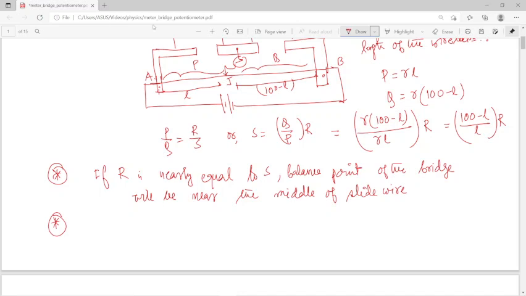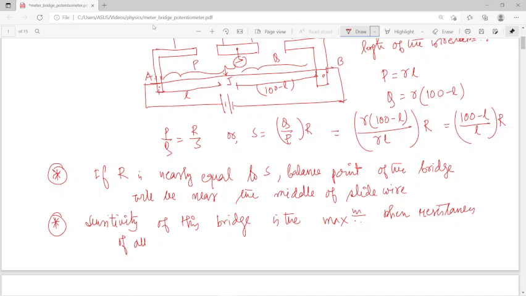And the second thing you can notice is that the sensitivity of this bridge is maximum when the resistances of all the four arms of the bridge are almost the same.